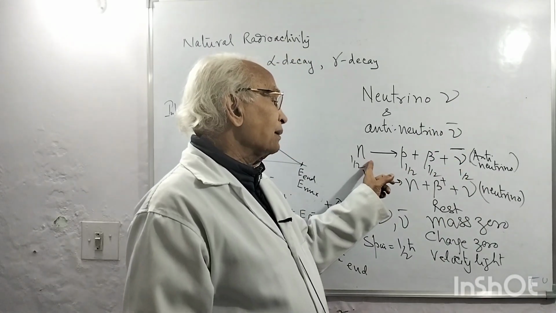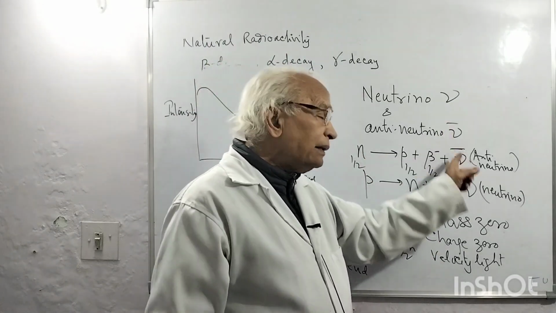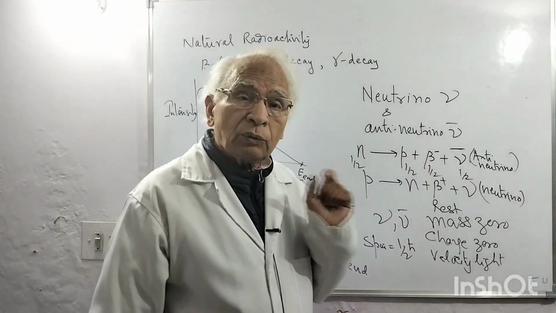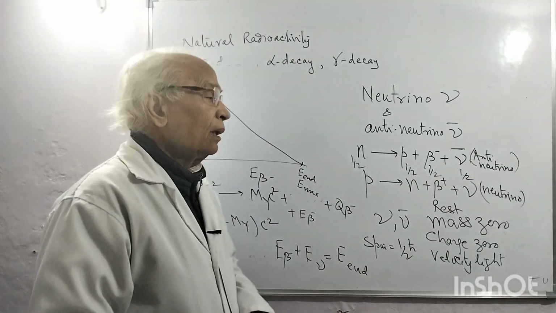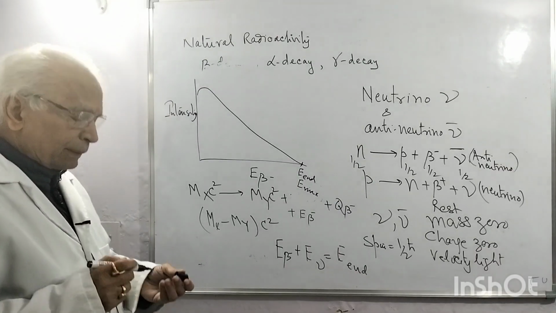So in negative beta decay, it is an antineutrino and not the neutrino. Neutrino is with the positive beta decay. So all this is now experimentally confirmed.